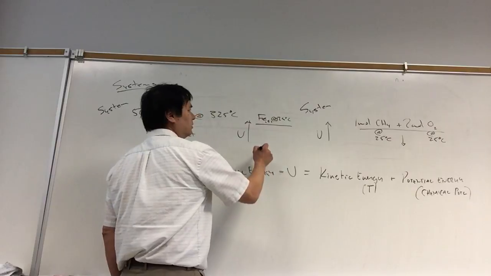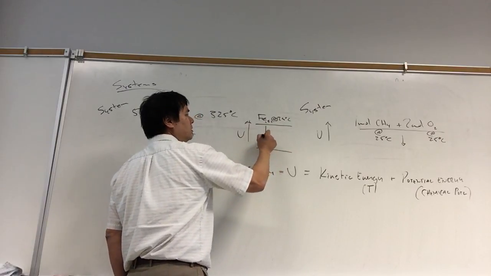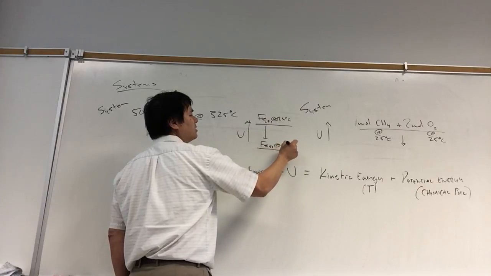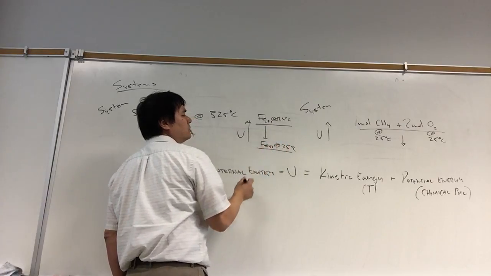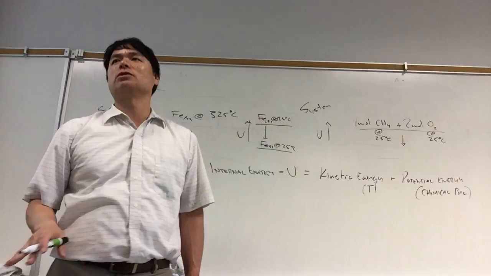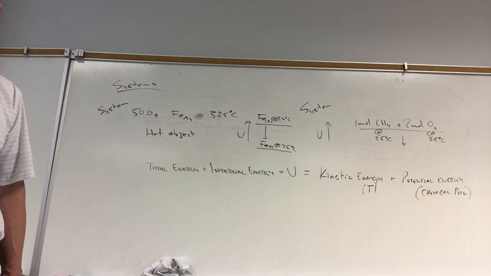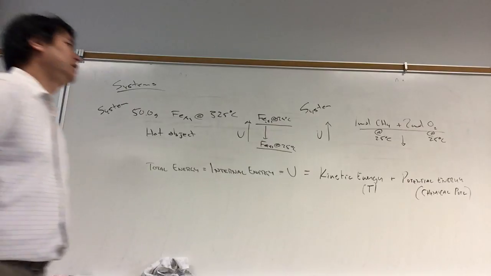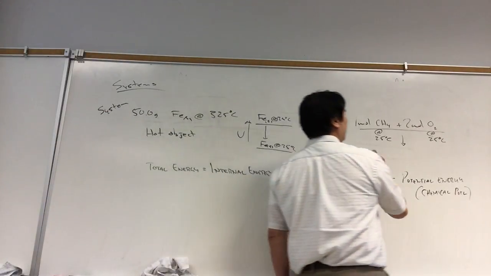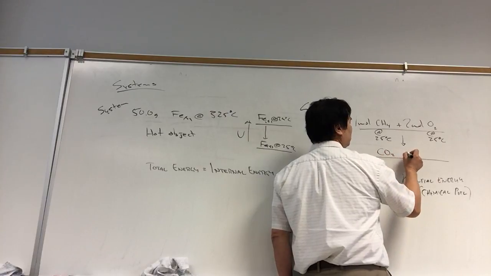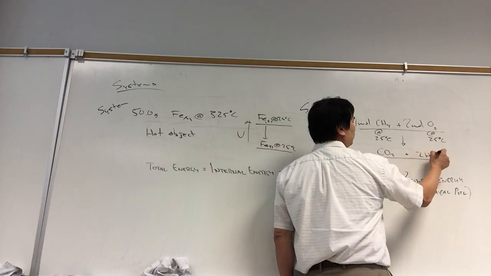Eventually this chunk of iron is going to cool down, and so we'll get a chunk of iron solid at 25 degrees C. It just cools back down to room temperature, right? It's not going to stay hot forever. Over here, eventually the methane is going to be oxidized to CO2 and H2O.